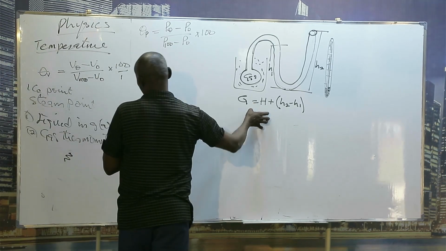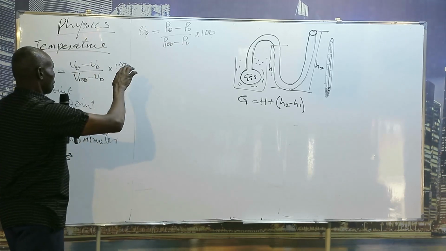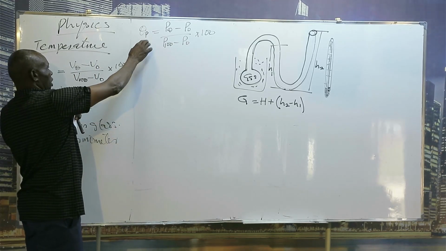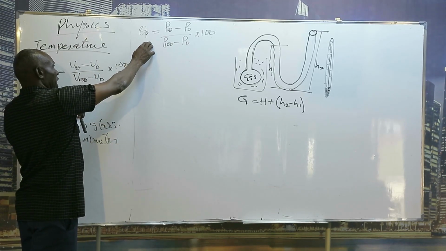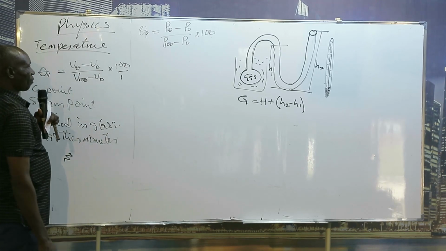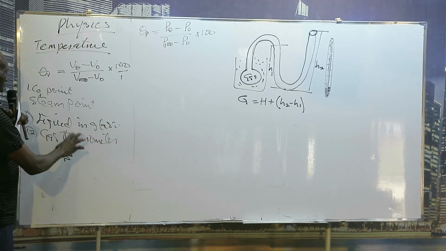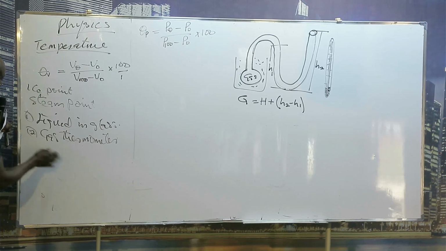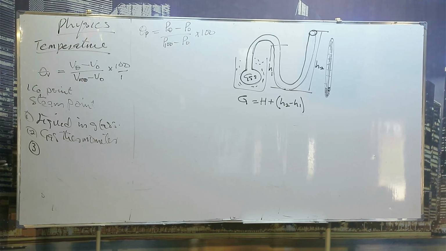But the most important under temperature is this, which can be drawn into a normal line scale. So this is the second thermometer. Second equation, big H is atmospheric pressure.